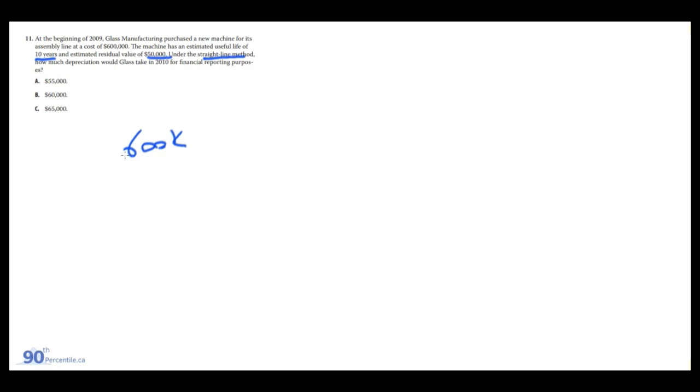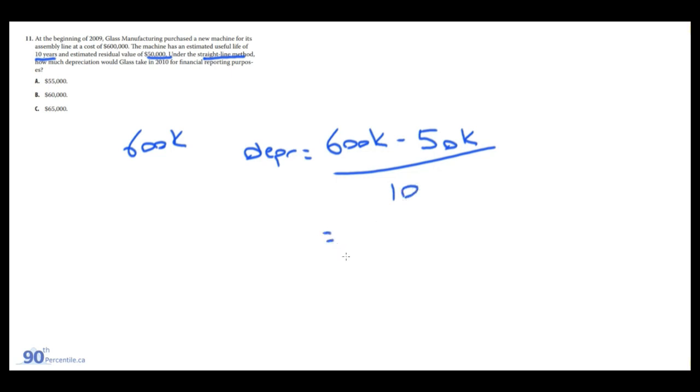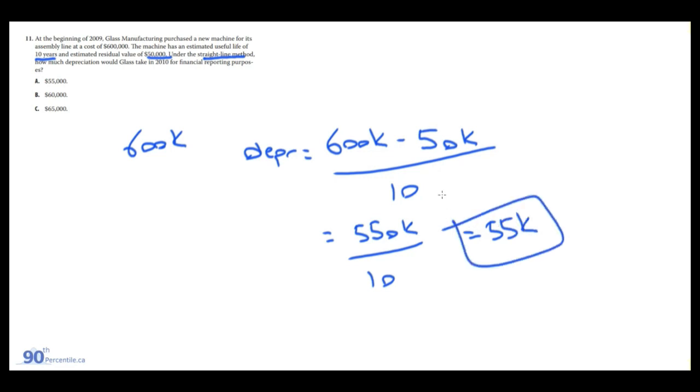Well, the depreciation is going to be the historical cost of the asset minus the residual value over the useful life, which is 10 years. So we would have 550K over 10, and every year they would charge 55,000 in depreciation. So our answer is A.